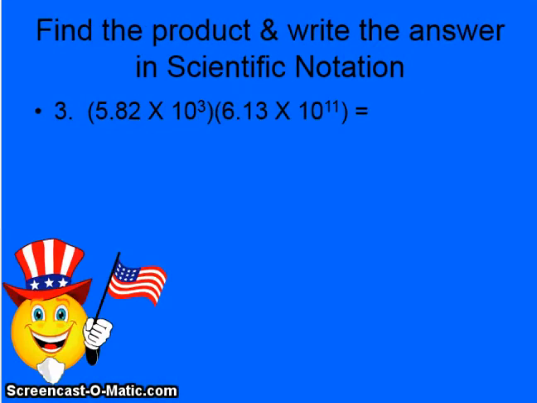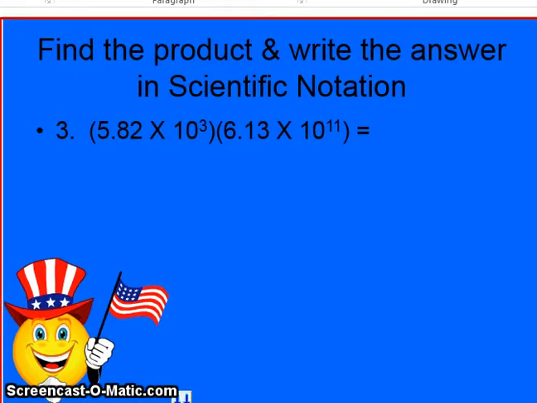Here's another example. In this case, we want to find the product and write the answer in scientific notation. Now, when I do this, notice that I have 5.82 times 10 to the third times 6.13 times 10 to the 11th. Now, this is all multiplication, so I can actually use the commutative property to help me solve this.